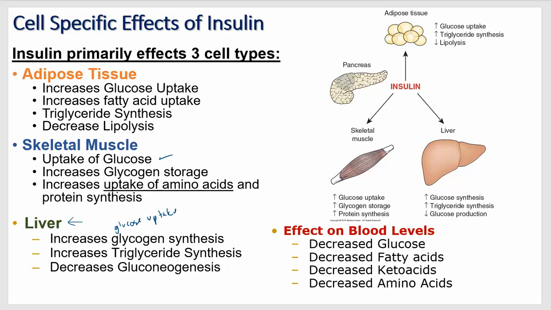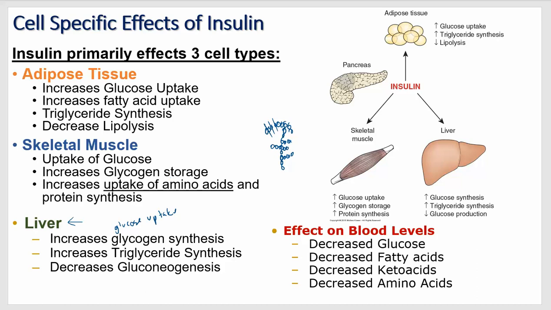Now, skeletal muscle, of course, uptake of glucose. Glycogen storage. So a lot of glycogen storage is going to happen in muscle. That is fantastic because we never know when that bear or walrus is going to attack and chase us, and we might need that glucose in an emergency. So yeah, storage of glucose as glycogen is very important.